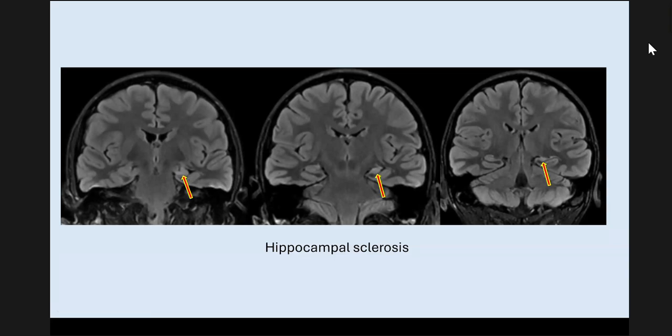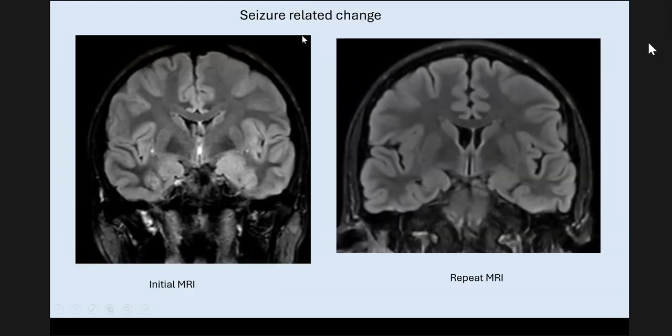Okay. So what do you think is the diagnosis? Seizure-related change. Okay. So the seizure-related change here was adjacent to the causative abnormality.